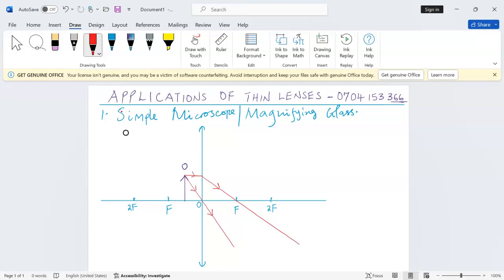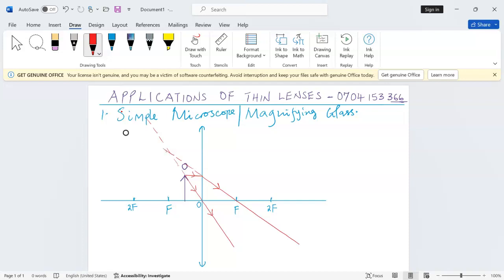So these rays now are likely to diverge on the same side as the object, and now we extend them backwards. And on the other side, we repeat the same. We also extend backwards.